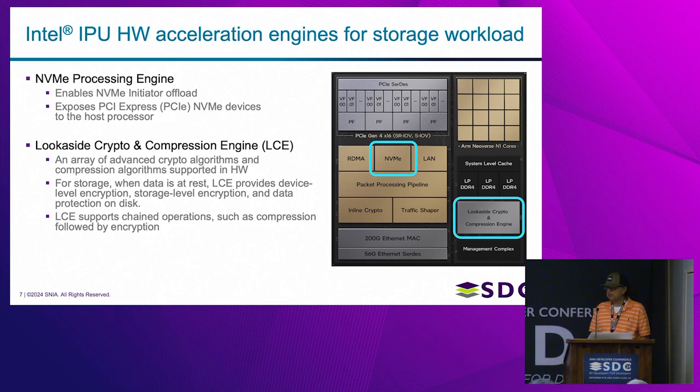And that provides a very significant performance advantage. So for LCE, when the data is at rest, it provides device level encryption, storage level encryption, data protection on disk, and also these chained operations such as compression followed by encryption.